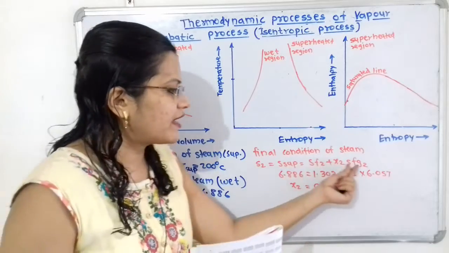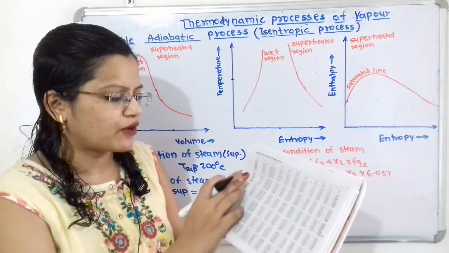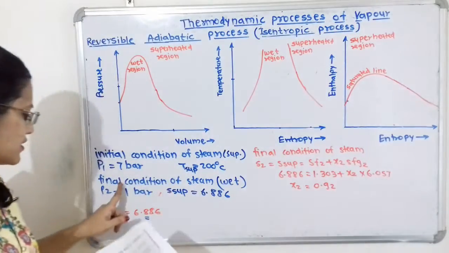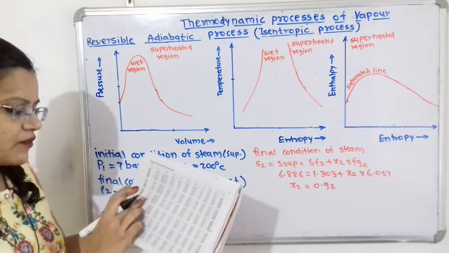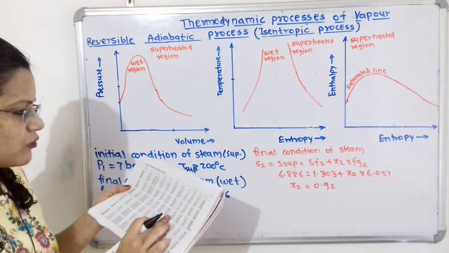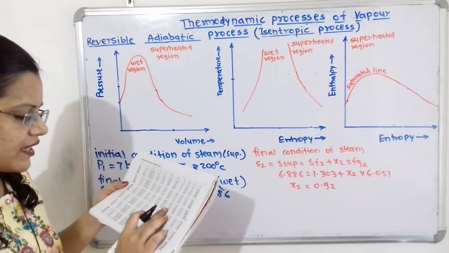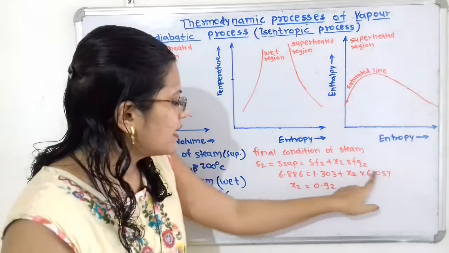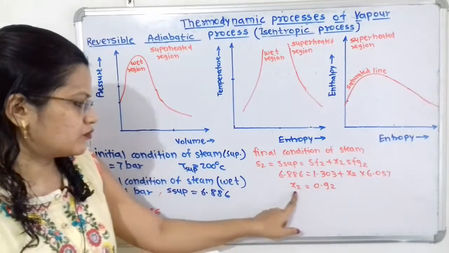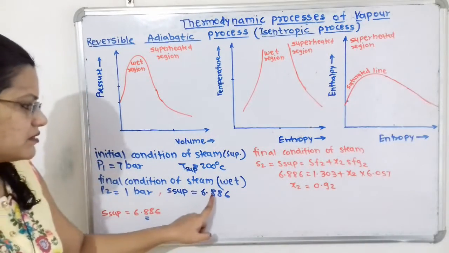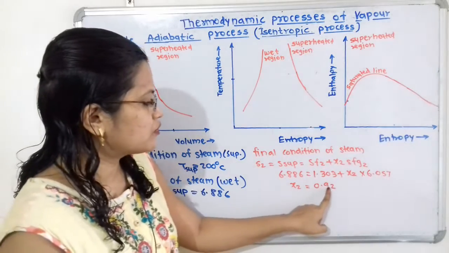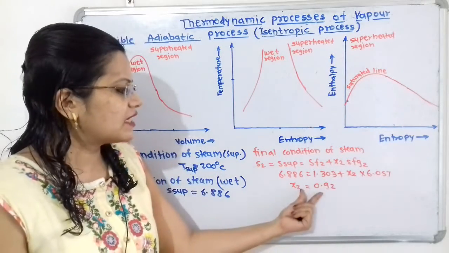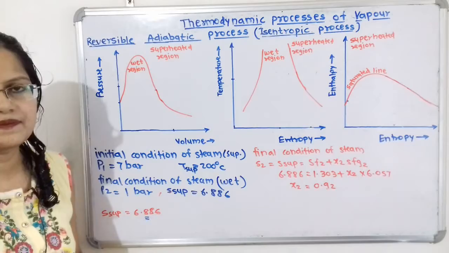Now this Sf and Sfg value we have to take at a pressure of 1 bar, because the pressure is given as 1 bar. So Sf value is 1.303 and Sfg value is 6.057, and we can calculate x2. So we put S superheated, and x2 is equal to 0.92. So this is the answer of the first question.